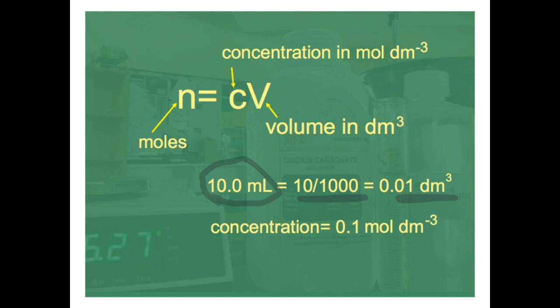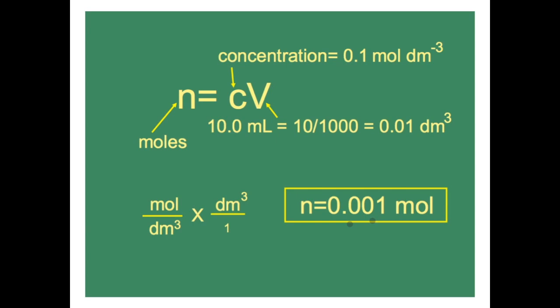Dividing 10 by 1,000, we get 0.01 dm³. And the concentration of the hydrochloric acid is 0.1 moles per dm³. Multiplying these two, it comes to 0.001 moles. And that is the number of moles of hydrochloric acid that was available for this reaction.